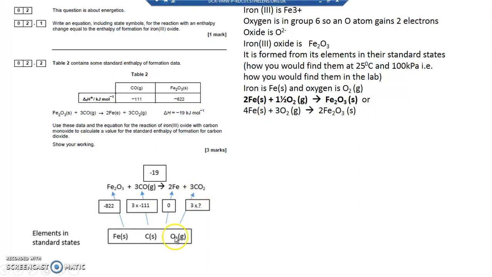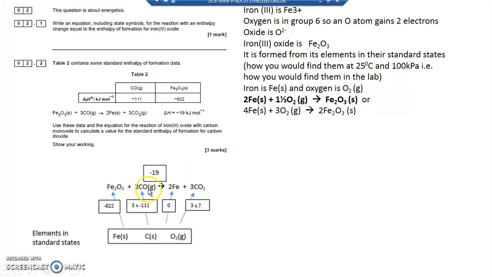So I've got to find this value here, the enthalpy of formation of carbon dioxide from elements in their standard state. All these elements in their standard states are either making products here or making reactants here. And I've got the values of each of them: -822, 3 times -111, and 3 times something that I don't know that I've got to work out.